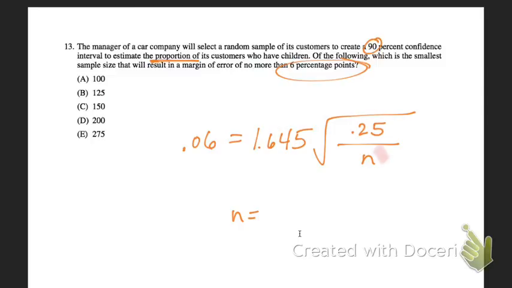Basically, you're just solving for n. I keep it all on my calculator. And what do you end up getting? It was like 186, maybe? And so then you would choose 200 because you choose the one that's closest to it, but it has to be above.